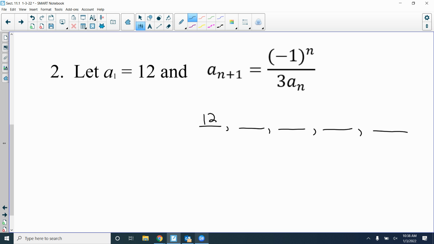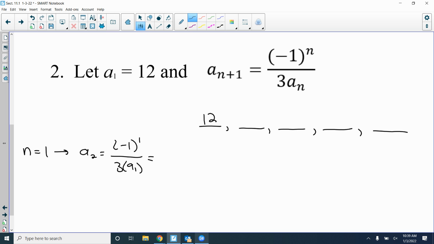Okay, to get the second term, what do we have to let n equal? To get the second term, n equals 1, because you got to do 1 plus 1. So when n equals 1, a sub 2 will equal negative 1 to what power? 1. 3 times a sub 1, which is just the first term.